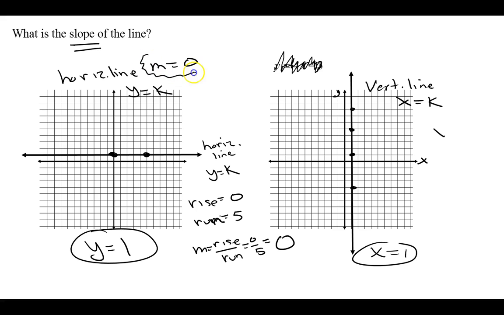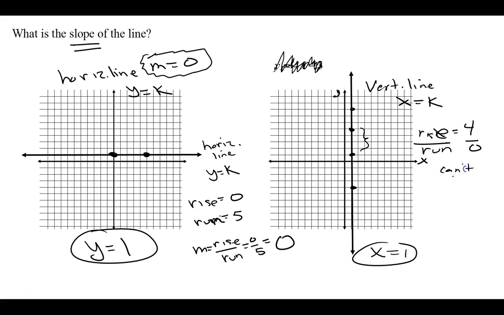They want us to find the slope of the line. Let's think about rise over run here. The rise, as you go from one point to the next, let's go with these 2 points. My rise, I think I've drawn it to be equal to 4, but my run is 0. You can't divide by 0.